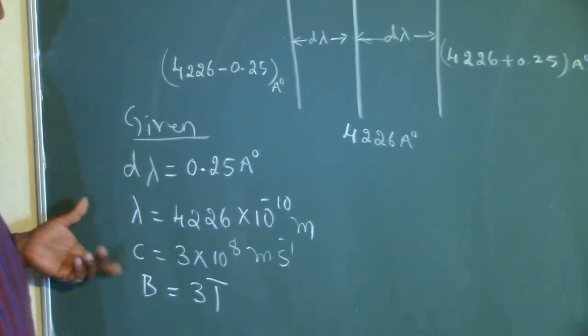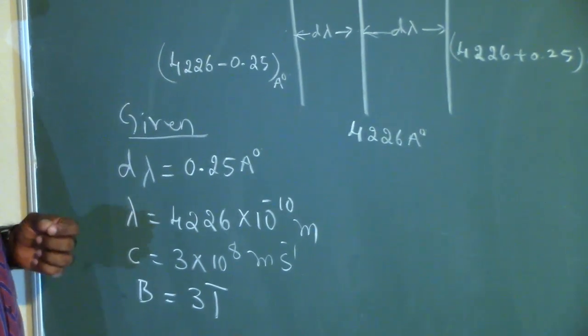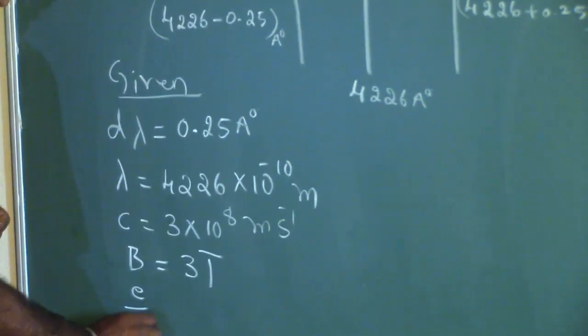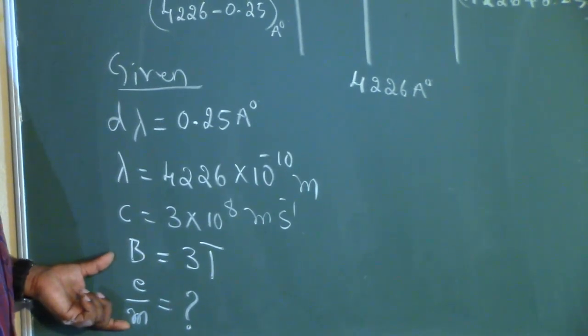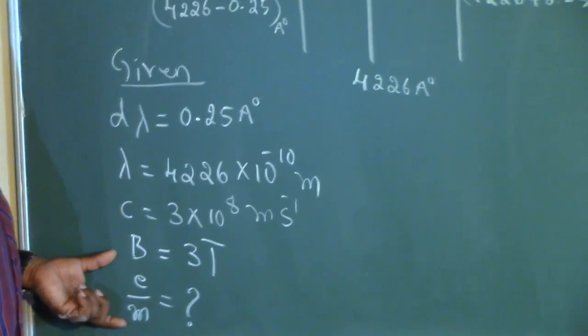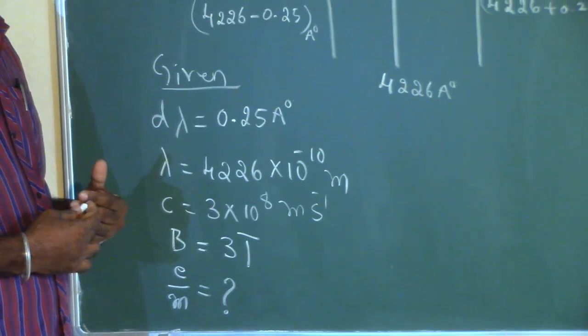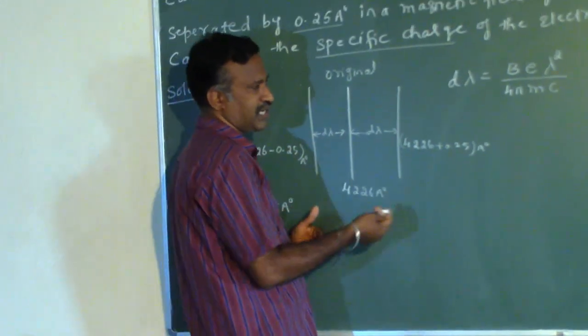Using this data, we have to calculate the specific charge ratio, that is, the ratio e by m. Since this e by m term is on the right-hand side of the equation for the Zeeman shift, we have to rewrite the equation in another form.